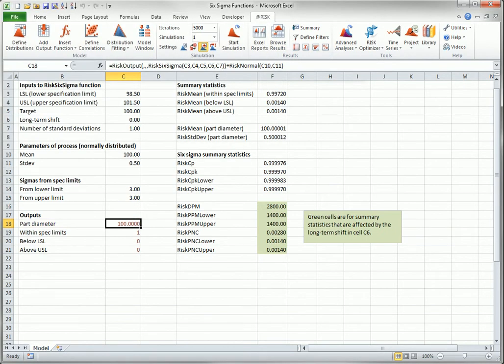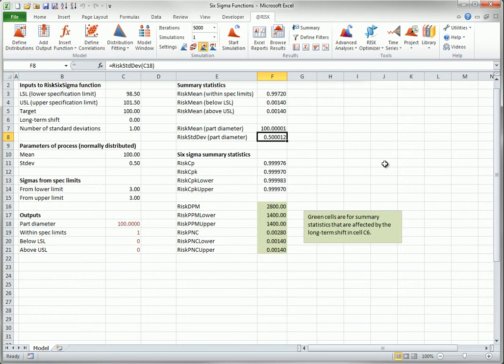Look at the summary statistics in column F. The first 5 are nothing new. They simply apply RiskMean and RiskStdDev, standard deviation, to the output cells. But from row 11 down, you see the second consequence of the RiskSixSigma property function.